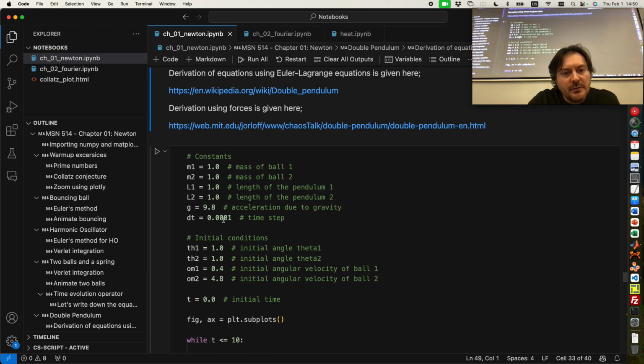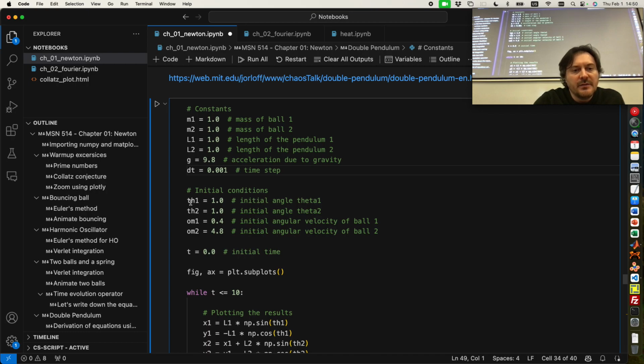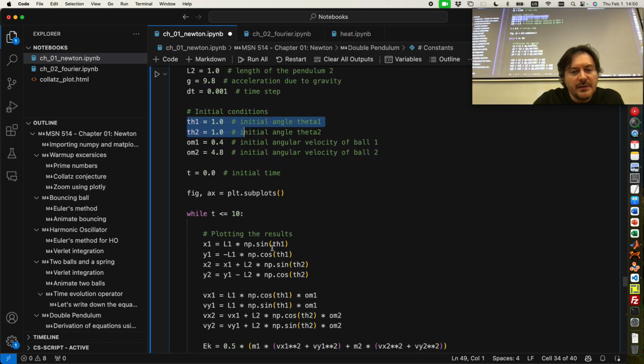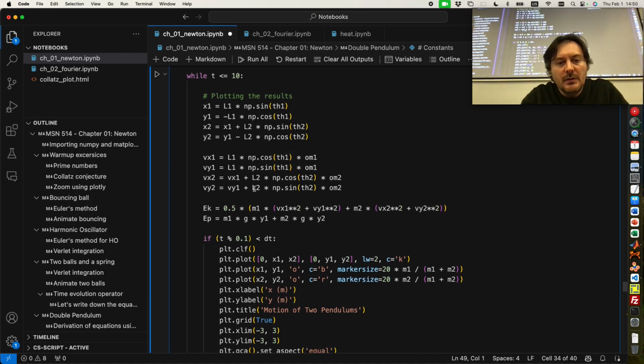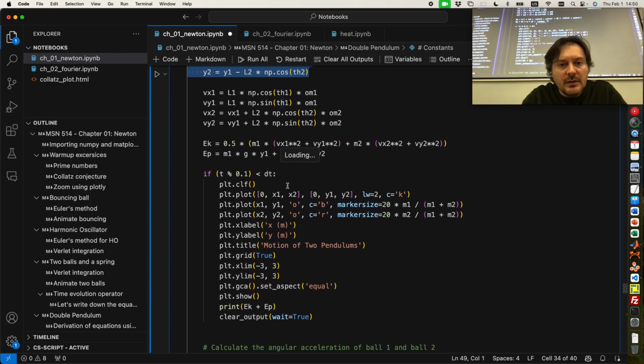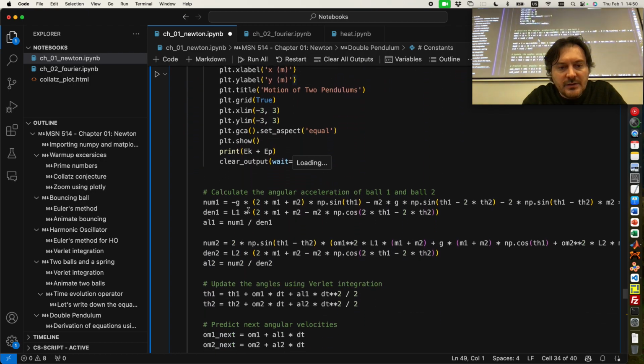All right. Same story, some initial conditions and whatnot. But here, let me do the following. These are for plotting. We are figuring out x and y coordinates for the two balls. And then, where am I calculating? I'm calculating here. Do you see this long equation?